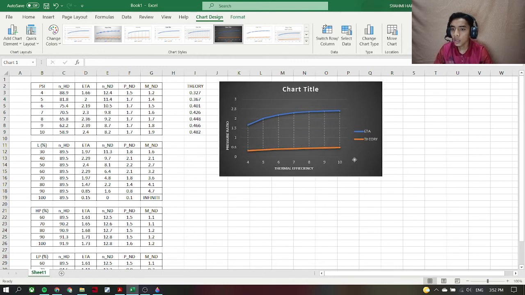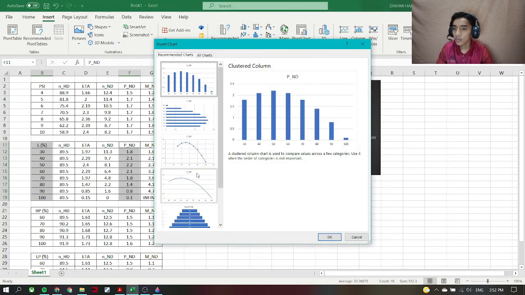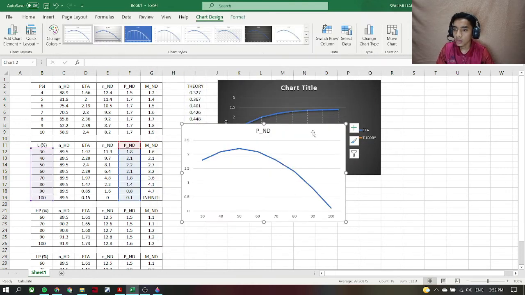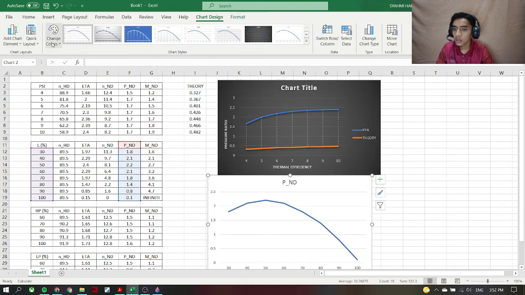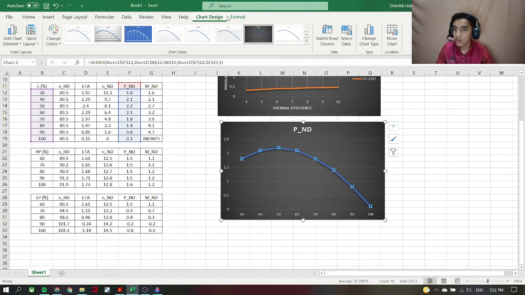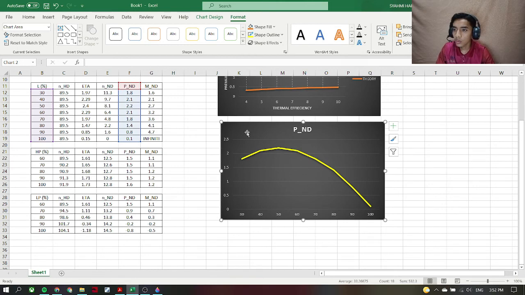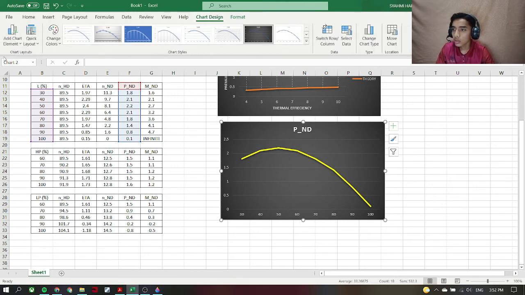And next we will go to the second discussion, which is the power generated versus the percentage of load. So we will select the percentage of load versus the power, and we will insert the recommended chart, and we will get this one. So we change the chart design, quick layout.